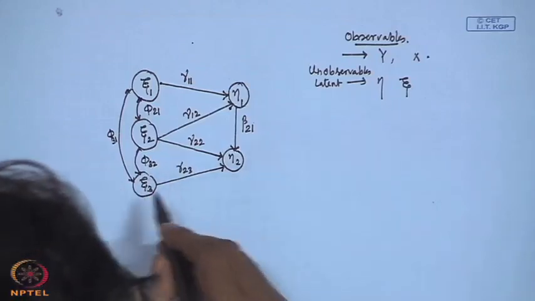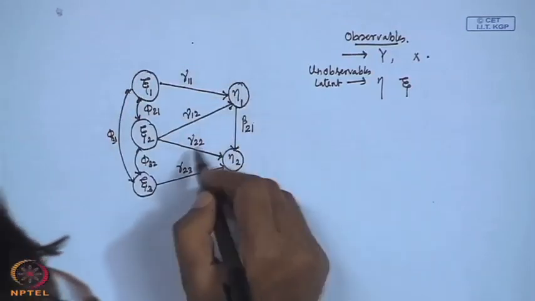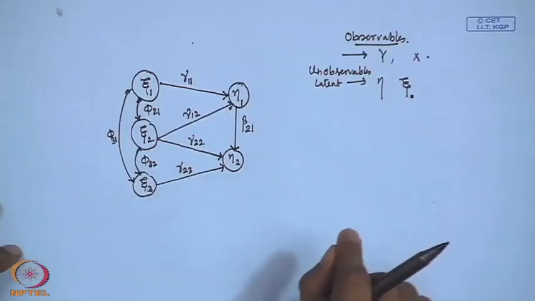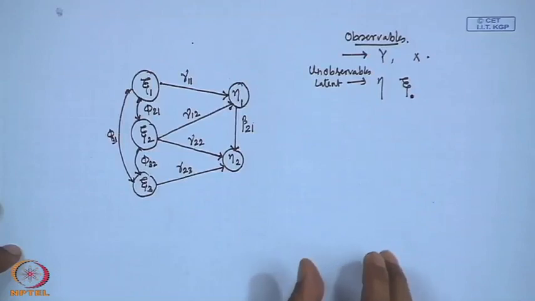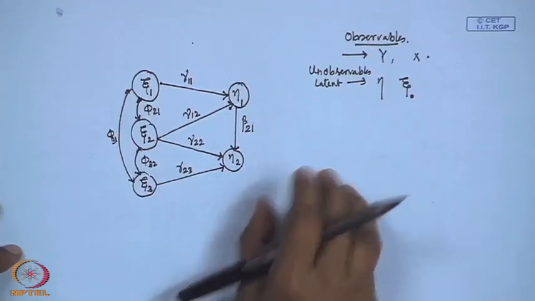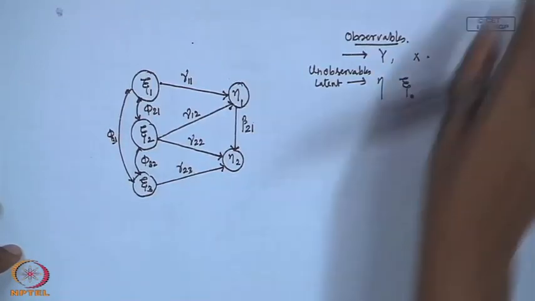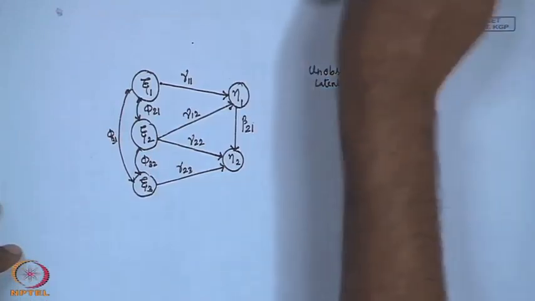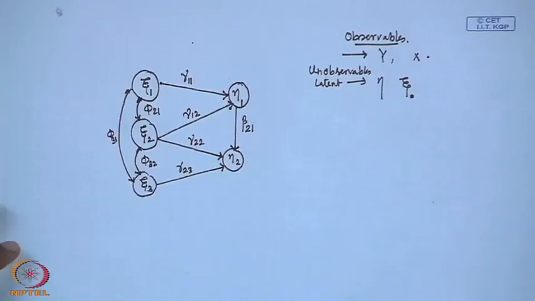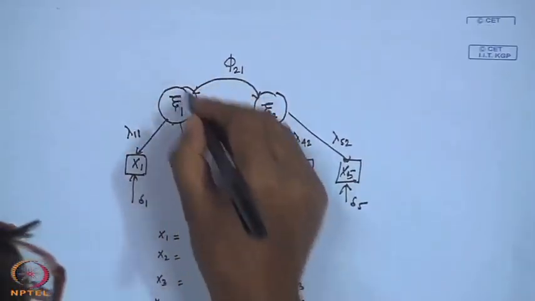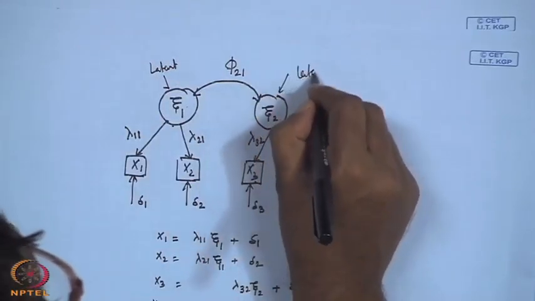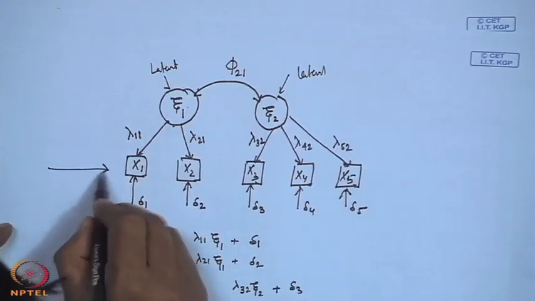So, as I told you, these eta and xi are unmeasurable, unobservable, latent, and we require to measure them. How do we measure? We have seen earlier that confirmatory factor analysis or exploratory factor analysis will help us to measure. What is this? These are latent variables, this is also latent, and these are manifest variables.